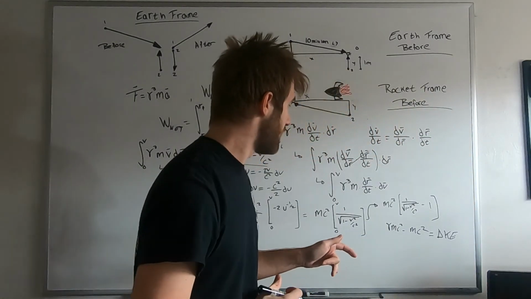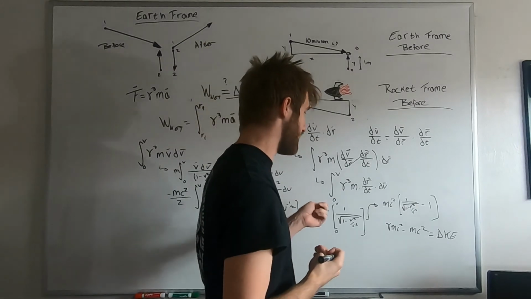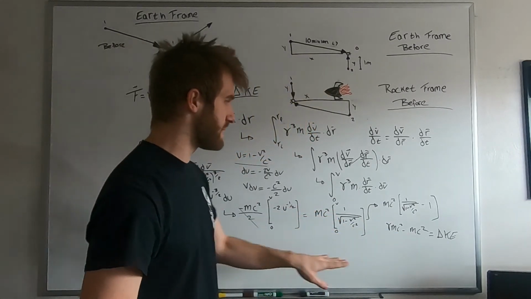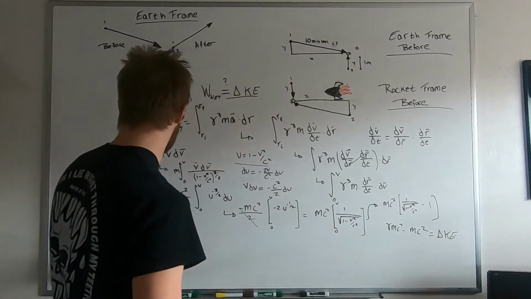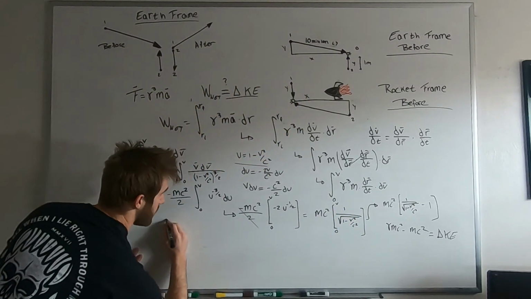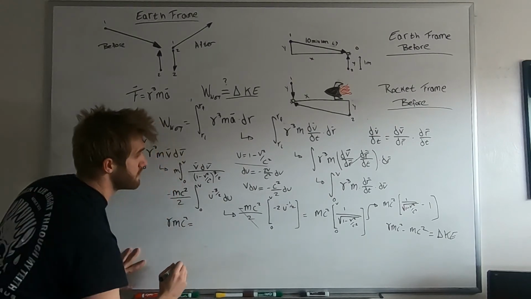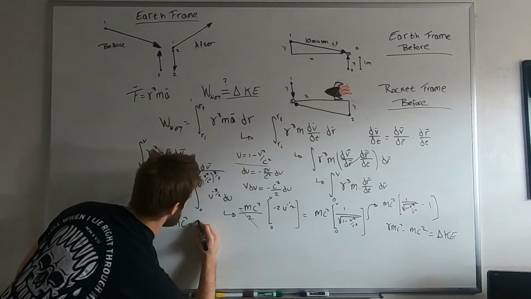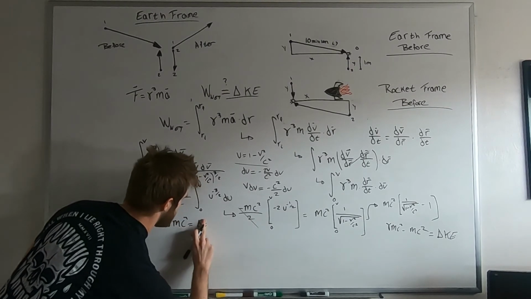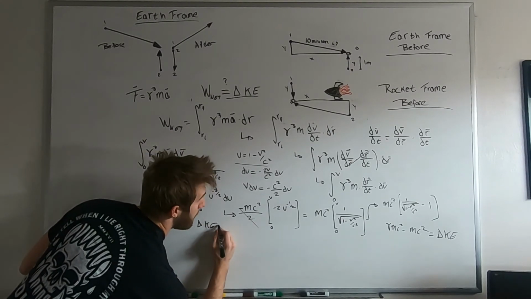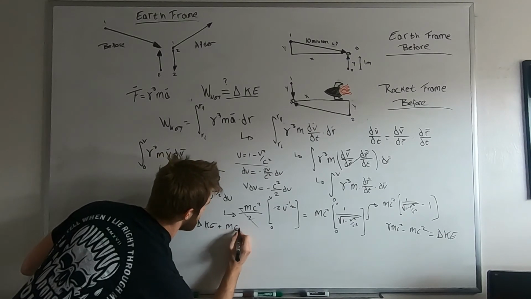And we can rearrange this a bit to clean it up, because the full equation in its full glory is simply gamma times mc squared is equal to the change in kinetic energy plus mc squared.